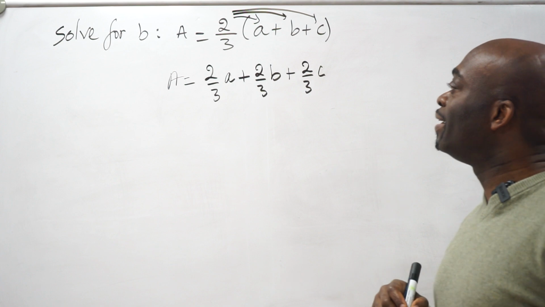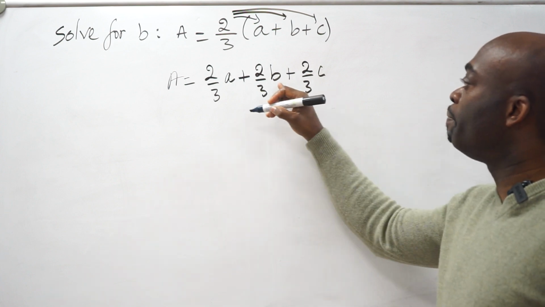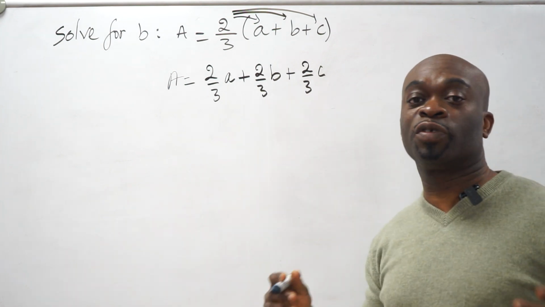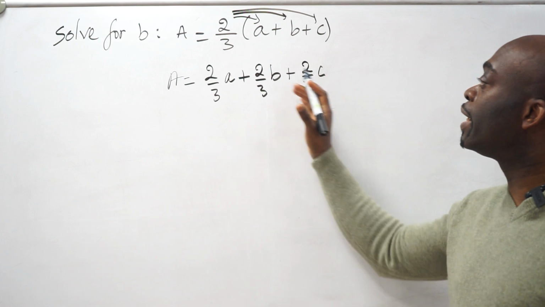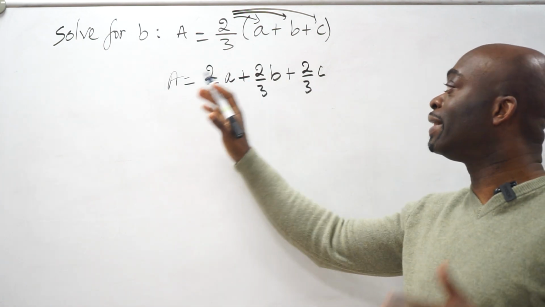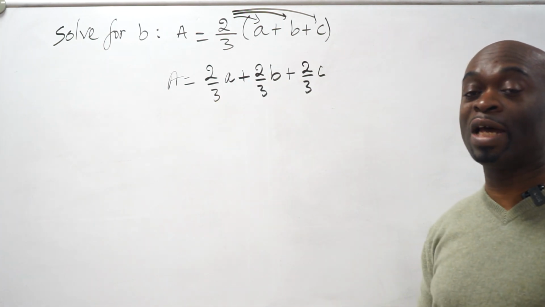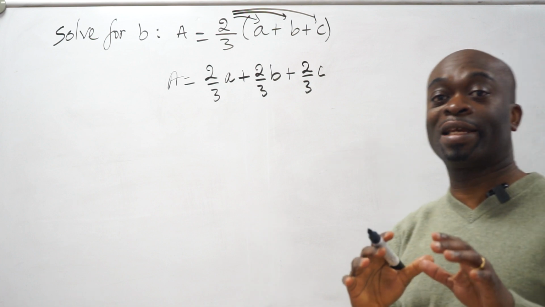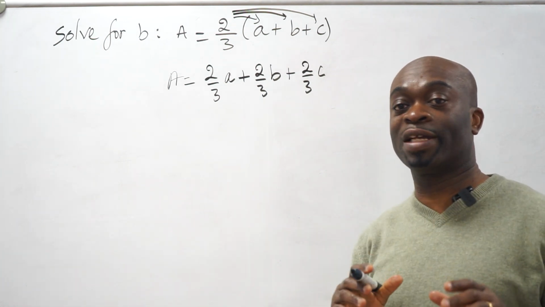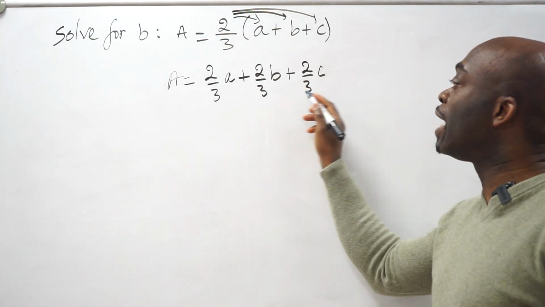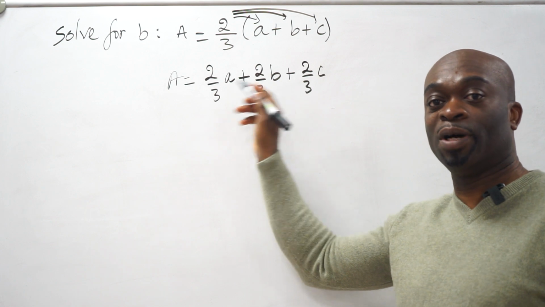All right, so now remember, what are we solving for? B. Now, some people love to deal with fractions, so they can move on with the fractions. Or some people do not love fractions, so we're going to act as if you don't like fractions, correct? To do that, it means we do not want to have the 3 at the bottom of the fraction.